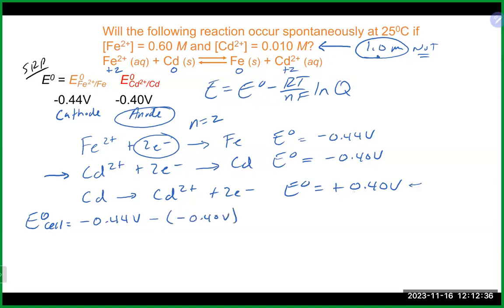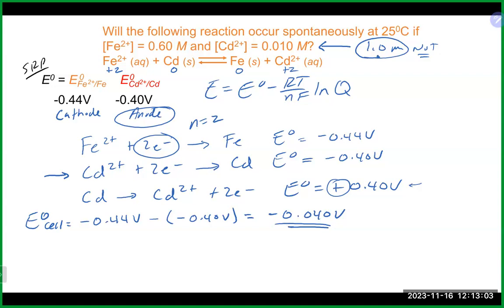And again, those two minuses change it to positive, which is what it should be. And that's going to get us here. I did pull out the calculator. There we go. Minus 0.04 volts. So under standard conditions, would this reaction occur?